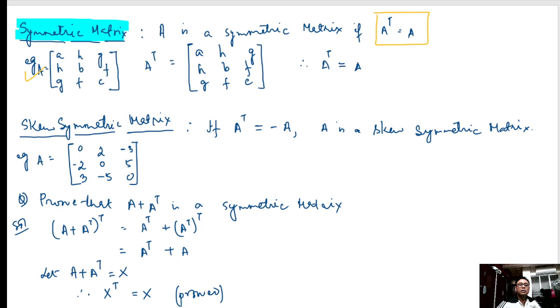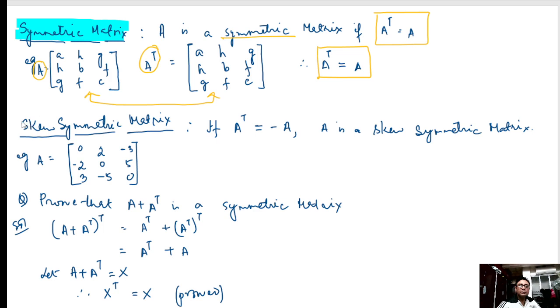That means this is actually A only. So after doing the transpose, we are getting the original matrix. So A transpose is coming equal to A. So we can tell A is a symmetric matrix.